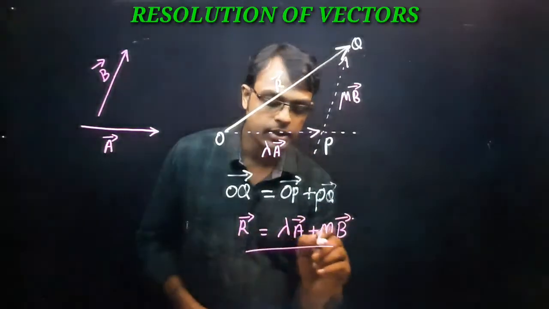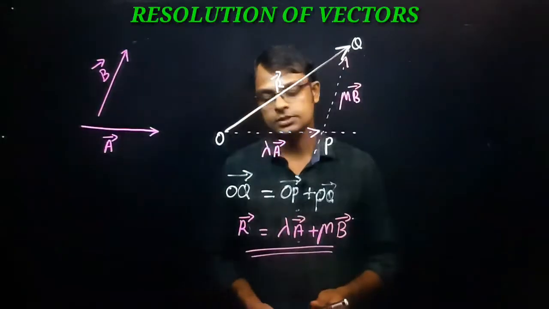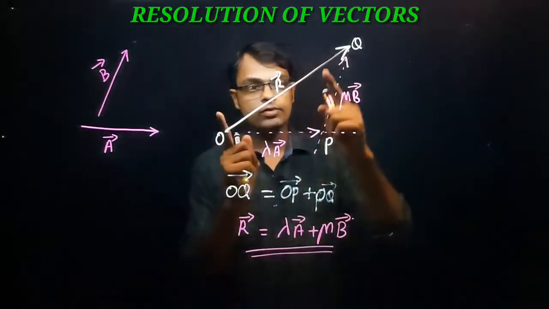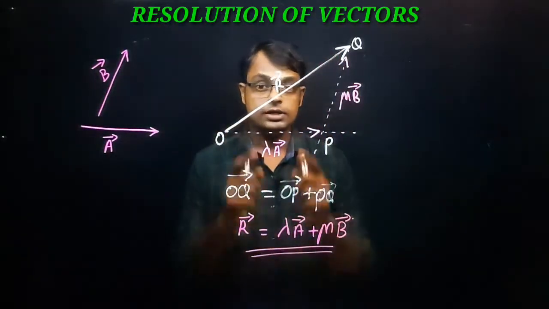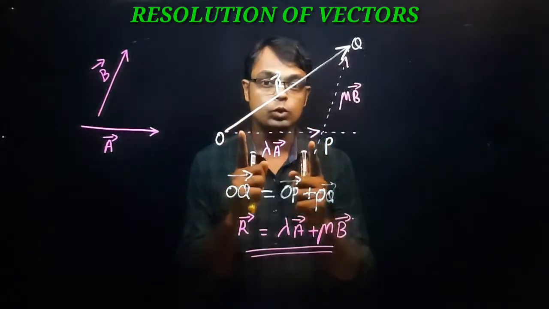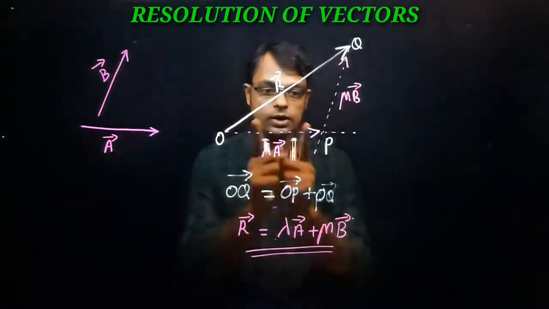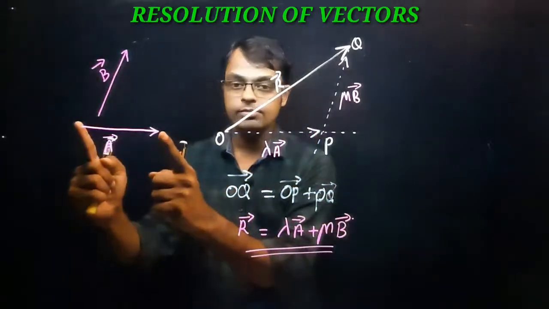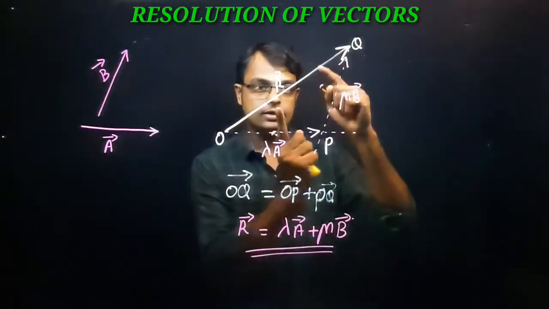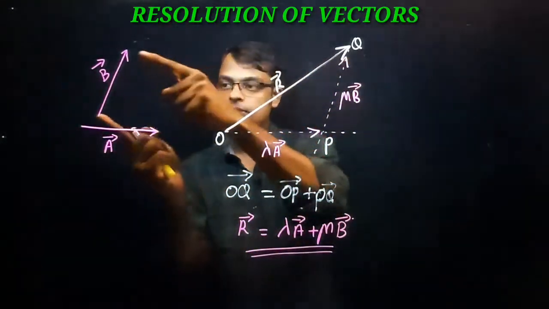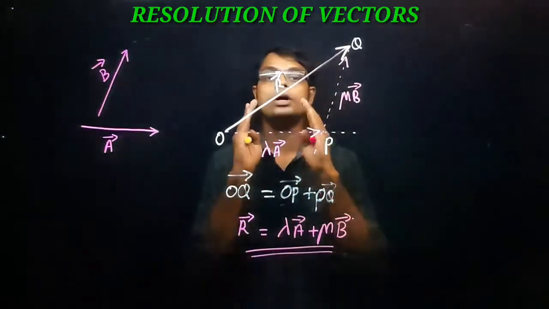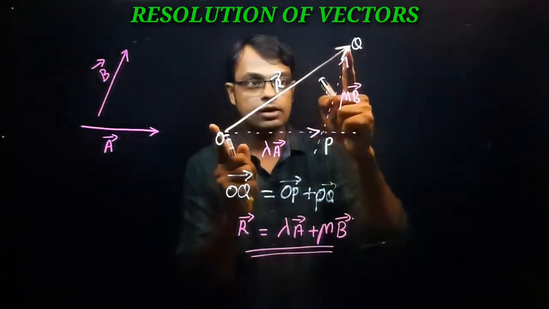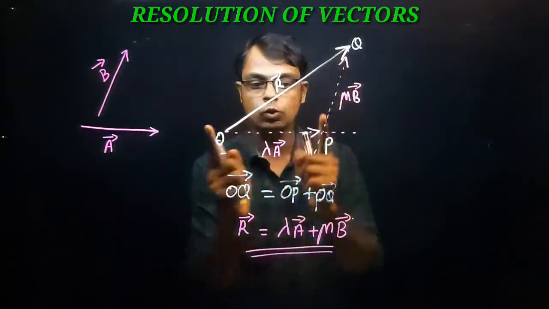So what is the meaning in this case here? The given vector R vector is now resolved into two components. One is along the same direction of A vector and the other one is along the same direction of B vector. So we have now resolved a single vector, split into two vectors.